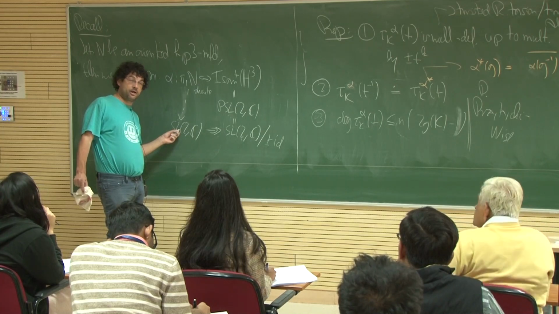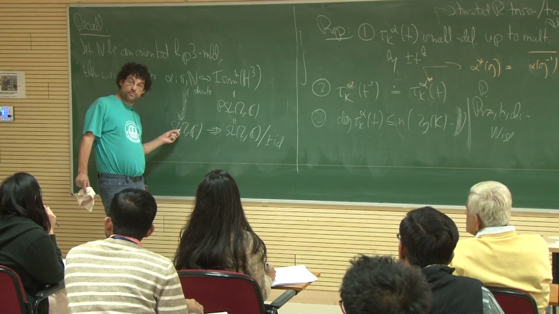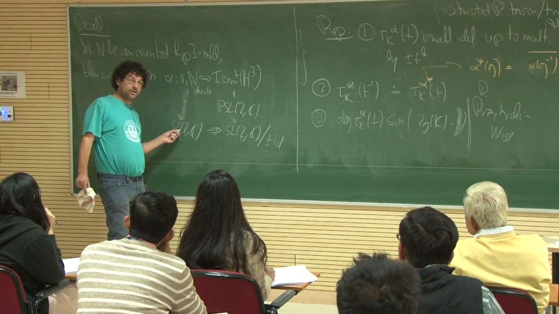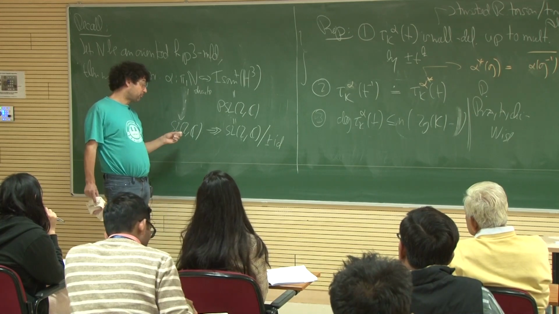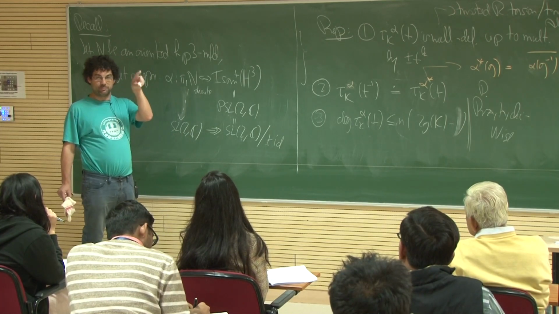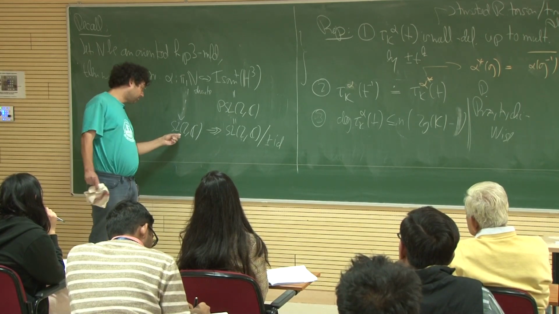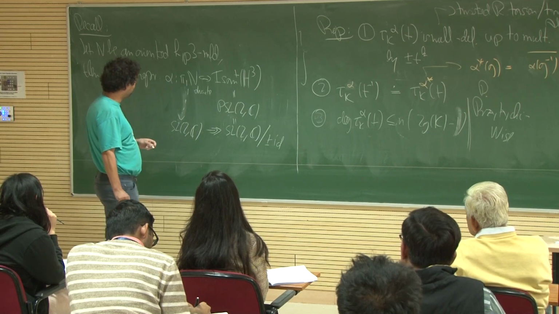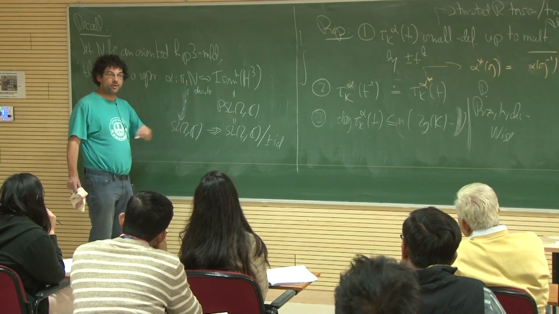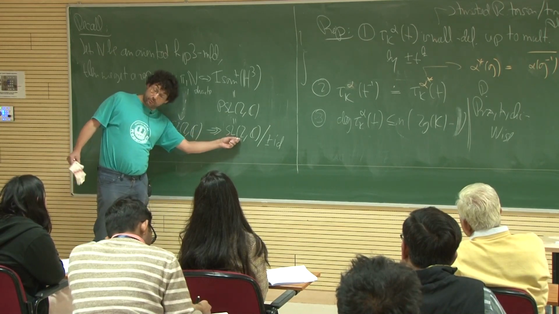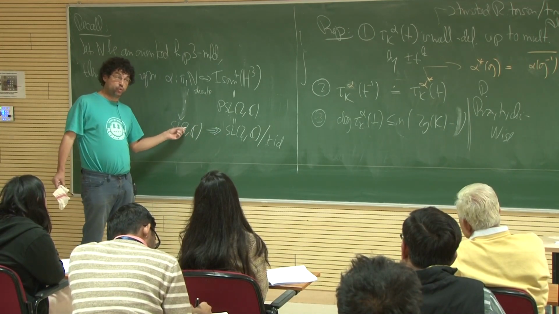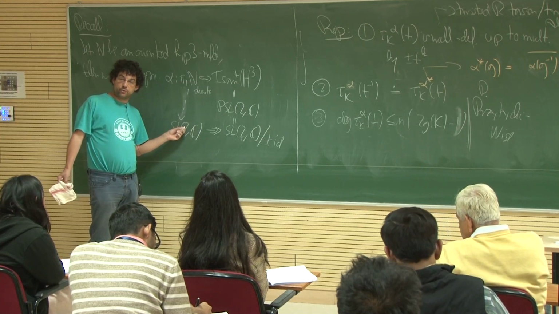And as Abhijit was saying, the lift is no longer canonical. In fact, it's fairly easy to see the number of possibilities is two to the b_1 of your manifold. So if you have a knot, you have a unique such representation to PSL2C, and you have two lifts to SL2C.